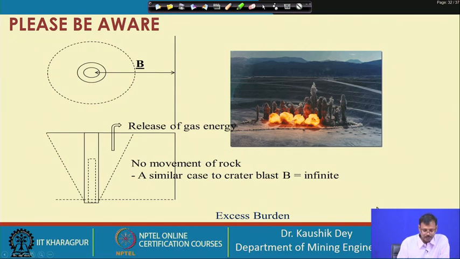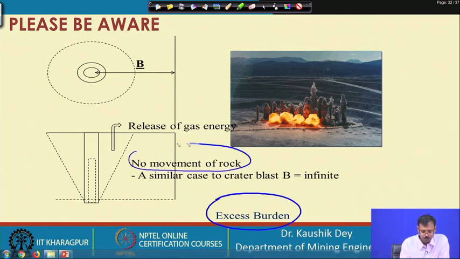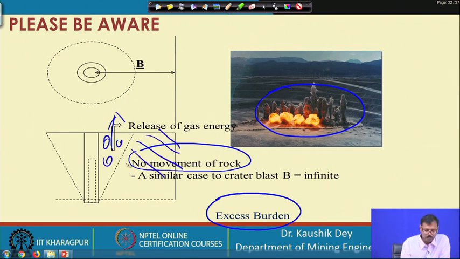If the burden is excessive, then the rock will not move and gas energy will be released in the upward direction. So, you can see a similar type of situation where the fragmented rock will be thrown in the upward direction only in this part, and unbroken rock will remain at this part.